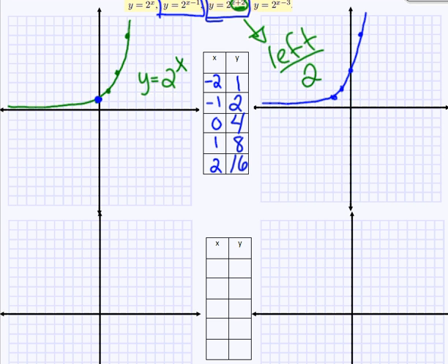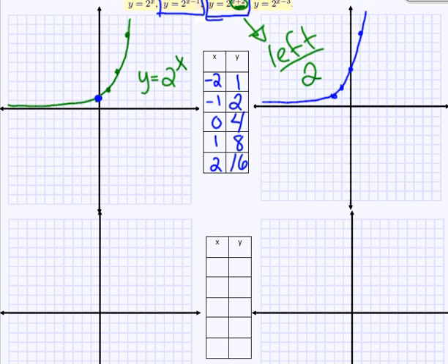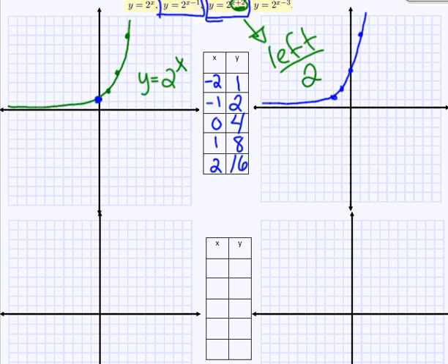As you can expect, we've got 2 to the x minus 1. That's going to move our graph, everything, to the right 1. So y equals 2 to the x minus 1. That's the quantity x minus 1. Everything is going to the right 1. So we've got the point 0, 1 on y equals 2 to the x. That's just going to move to the right 1 and become 1, 1.